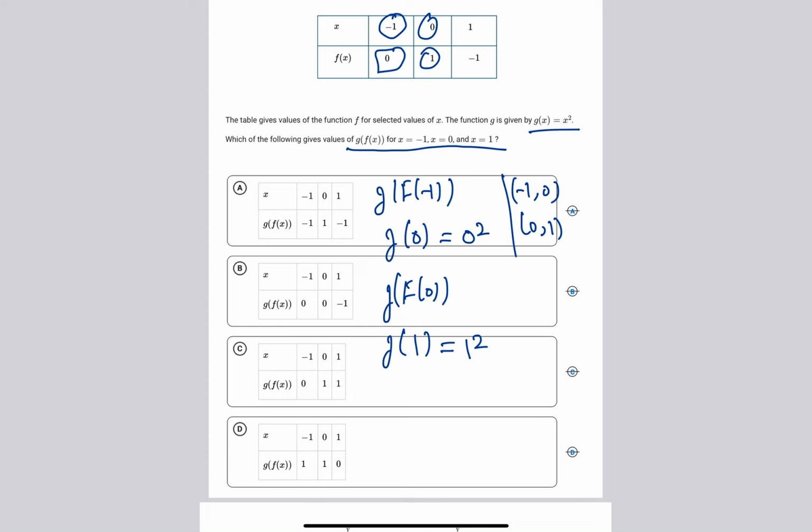Now, last but not least, we have g of f of 1, which is simply g of negative 1, which is negative 1 squared, which is 1. So write down negative 1, 1. Oh, I'm sorry, write down 1, 1. Okay, my bad.